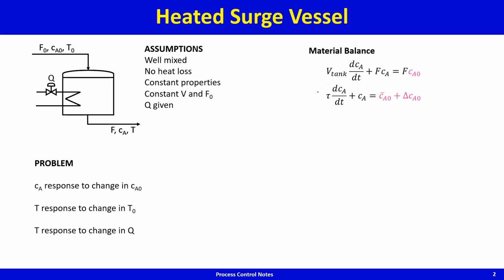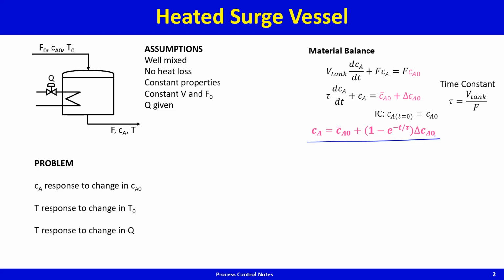Okay, so this is the differential equation, and we got the solution. Initial condition is this, and this is what we got derived using the integrating factor approach. Time constant as shown for the variation of T to a change in T naught.